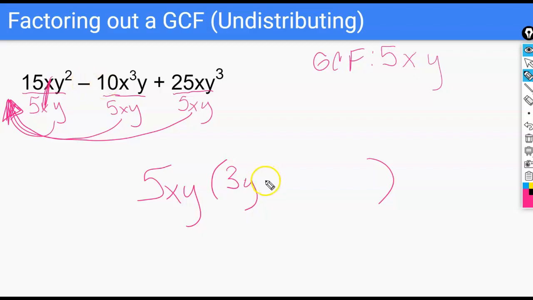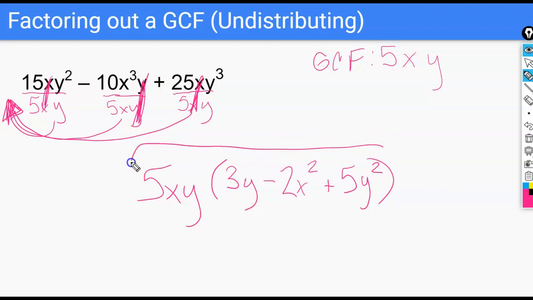Negative 10 divided by 5 is negative 2. X cubed divided by x will be x squared, and the y divided by the y will just cancel out. 25 divided by 5 is going to be 5. The x's are going to cancel out, and y cubed divided by y is going to be y squared.